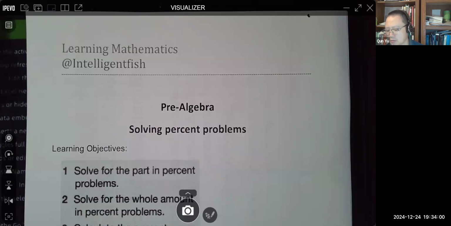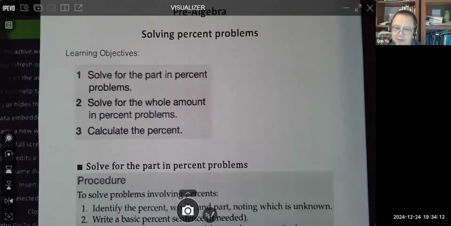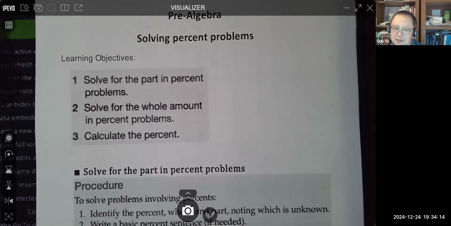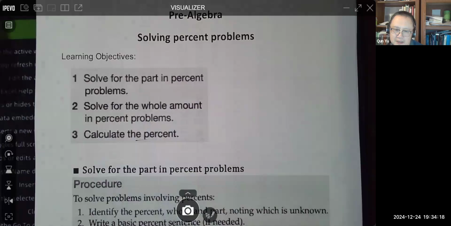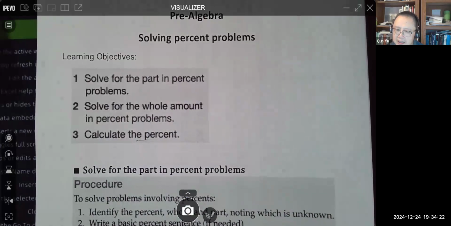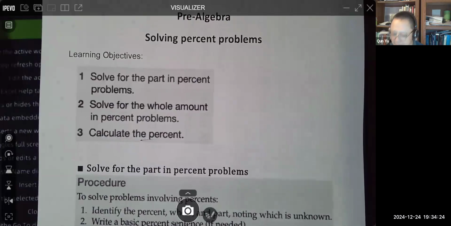So when we have this application problem, they can only ask three different kinds of questions because we only have three components in a percent problem. That's why we only have three learning objectives: solving for the part, solving for the whole, solving for the percent. That's how it is. Now, the key is to identify which one you're looking for.